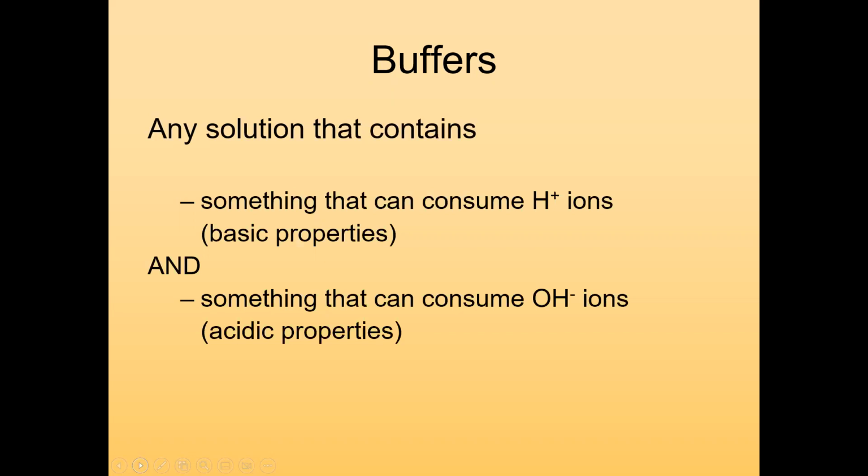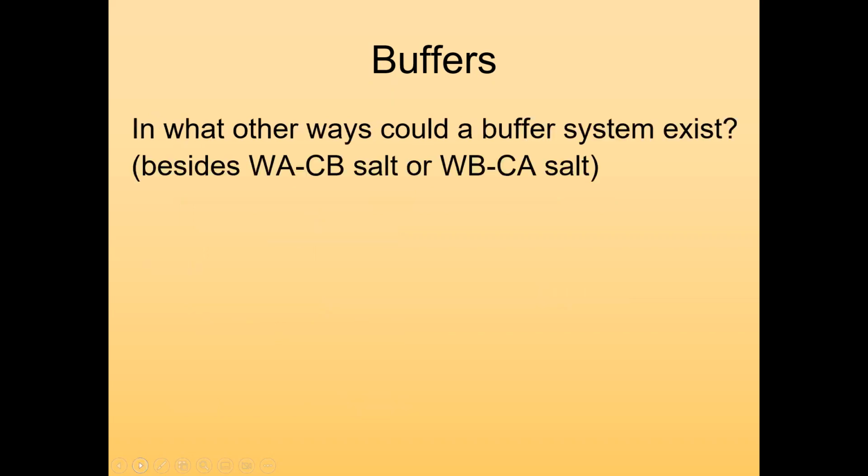If it only has one, it is not a buffer. So we need to look at in what other ways a buffer system could exist, because like we said, those two are the most common, but that is not everything.